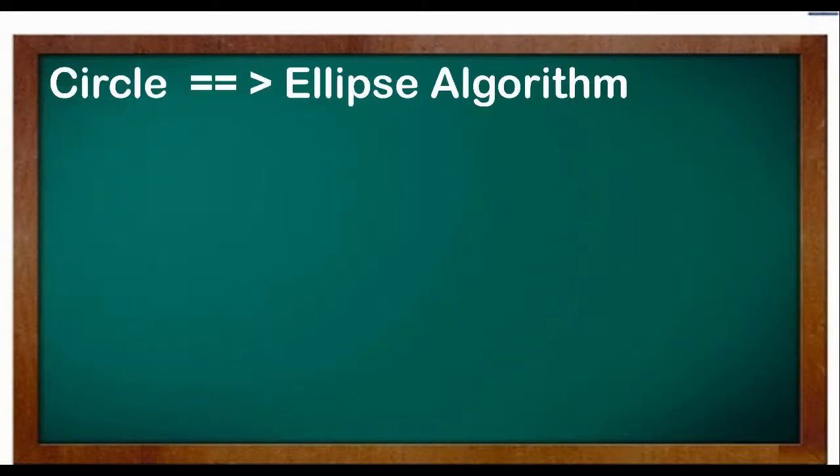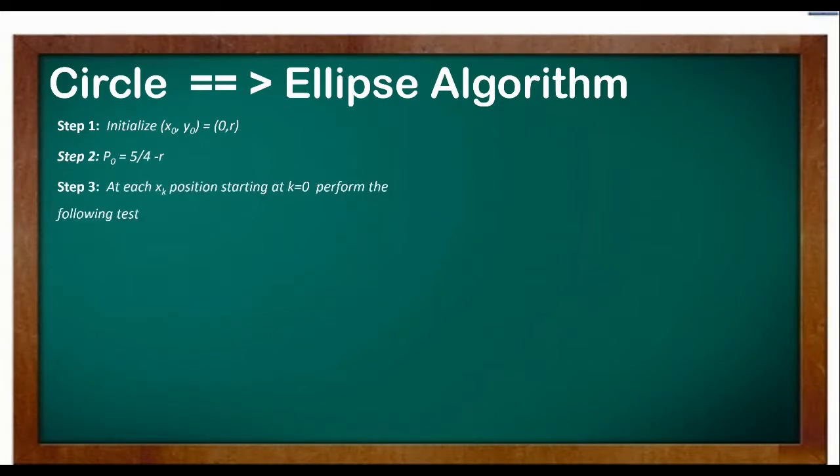Now let us see how to write our ellipse algorithm by using our midpoint circle algorithm. If you remember the midpoint circle algorithm, in step 1 we initialize x naught comma y naught. In the second step we initialize p naught. Then in the third step we have an iteration.